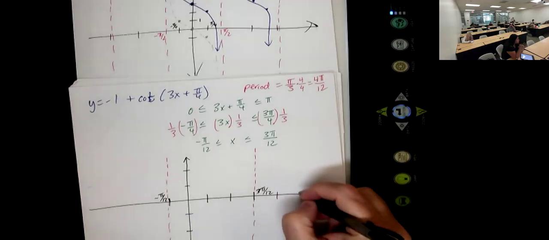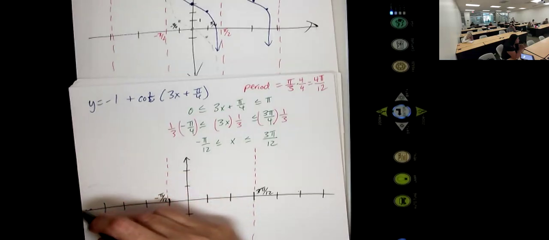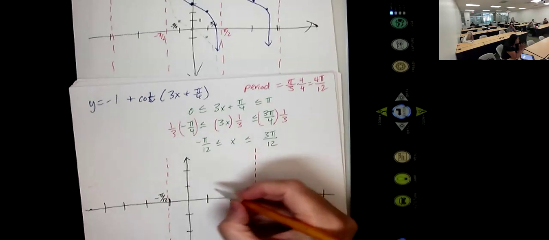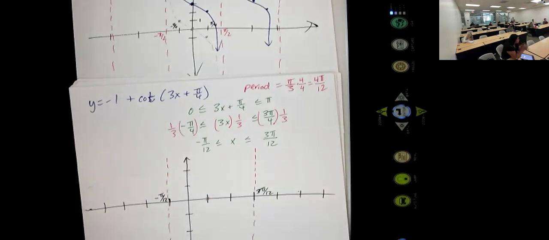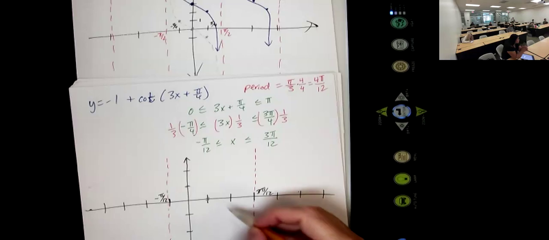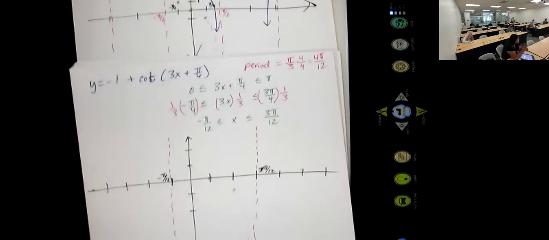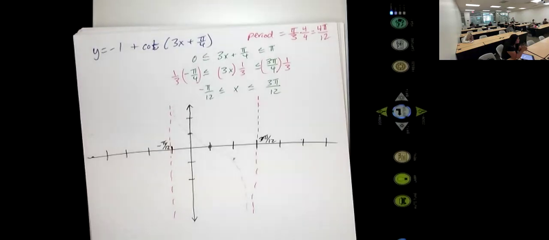I'll extend it a little bit. So cotangent normally is 0 in the middle. And is it up on the left or up on the right? It's up on the left. So the base graph looks like that. And it looks like we're shifting it down 1.